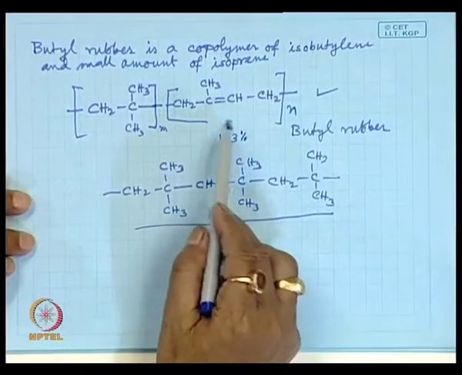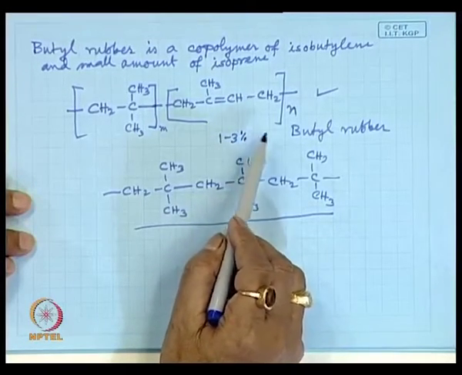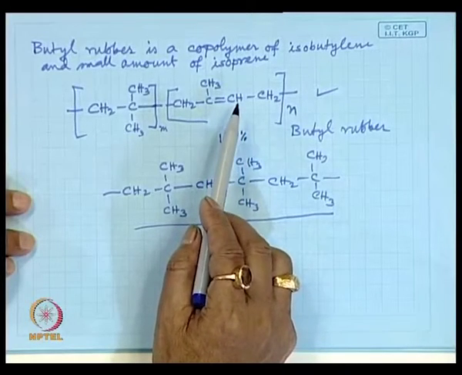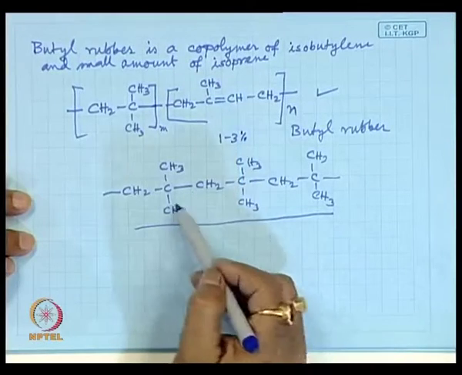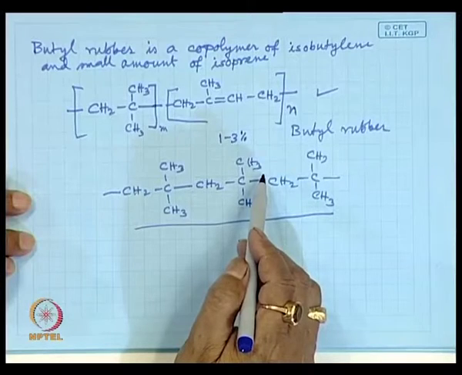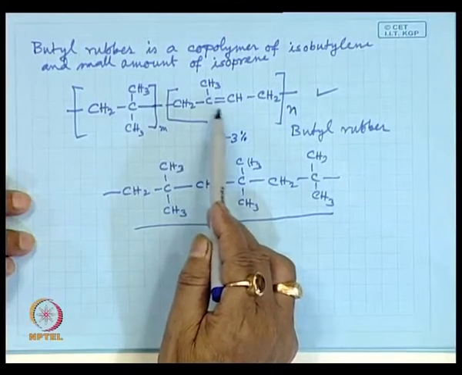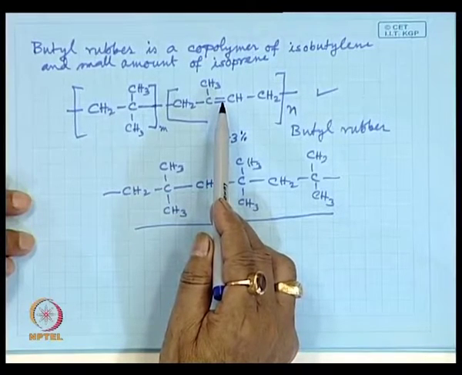Now, here the purpose of introducing this small quantity of isoprene unit is to create sites for cross linking or vulcanization. Polyisobutylene is not vulcanizable by sulfur, but butyl rubber is vulcanizable by sulfur, because this isoprene unit can react with sulfur.